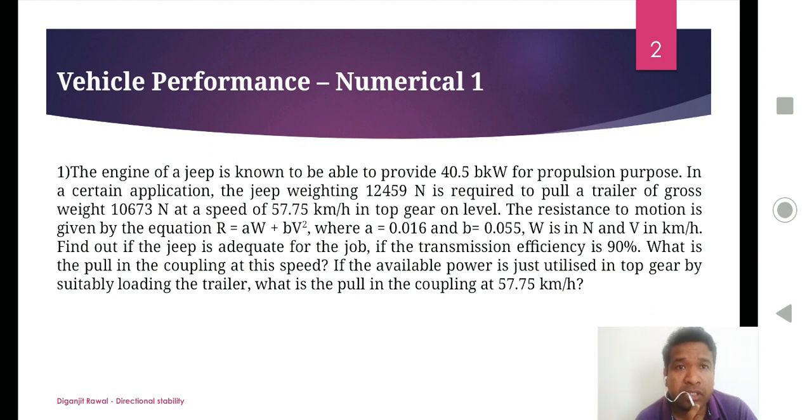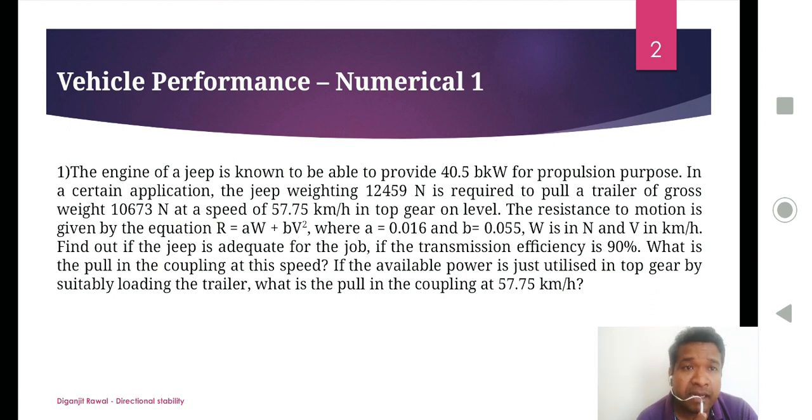57.75 km per hour? So here the engine of the Jeep provides power, the value is 40.5 kilowatt, and the weight of the Jeep is 12,459 Newton and the trailer of gross weight is 10,673 Newton.